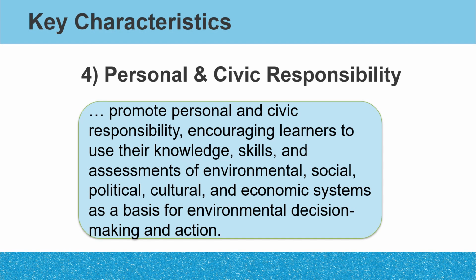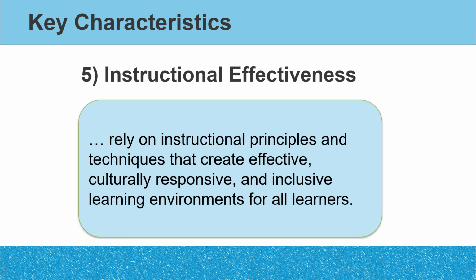Fourth, they promote personal and civic responsibility, encouraging learners to use their knowledge, skills, and assessments of environmental, social, political, cultural, and economic systems as a basis for environmental decision-making and action. In a lot of ways, the guidelines shift here.